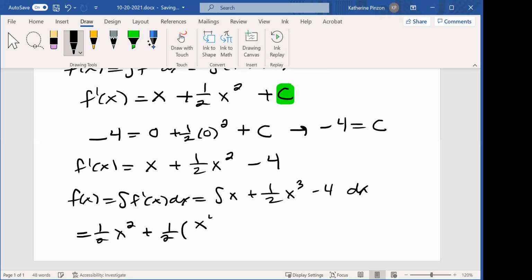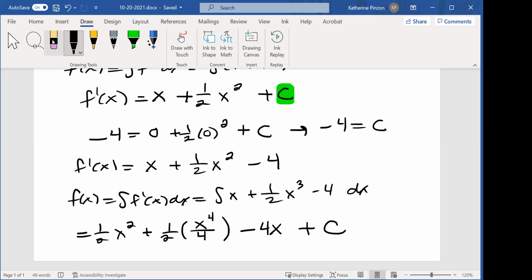Add 1 to the power, divide by the new power, yeah? Minus antiderivative of 4 is 4x, plus c. You can call it c again because you used it up, right? If it's going to confuse you, then call it something else. Call it d or c2 or something, right? But you put x to the third. Yeah, it's x to the third.